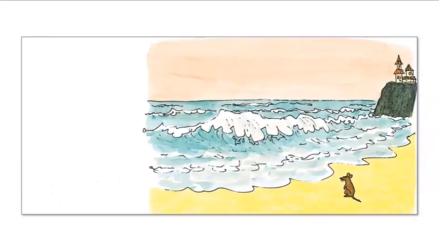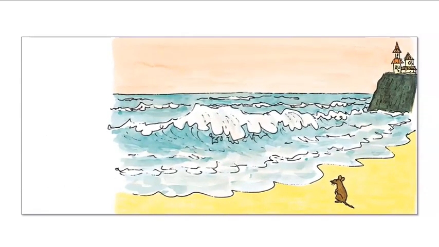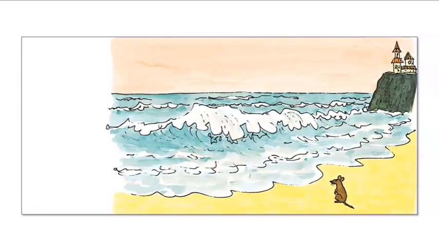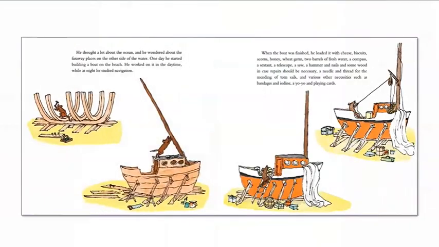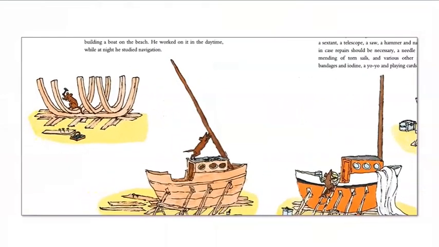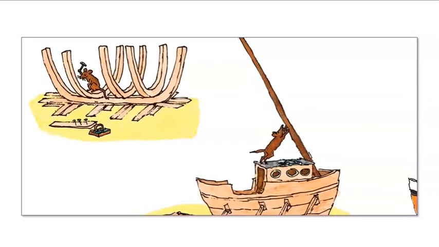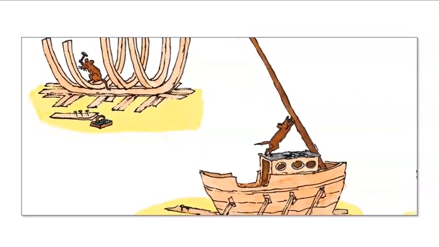Amos, a mouse, lived by the ocean. He loved the ocean. He thought a lot about the ocean. One day he started building a boat on the beach.